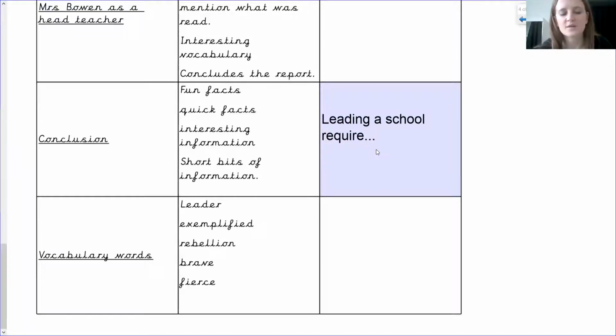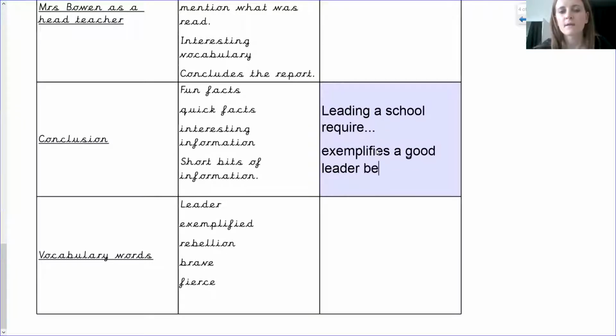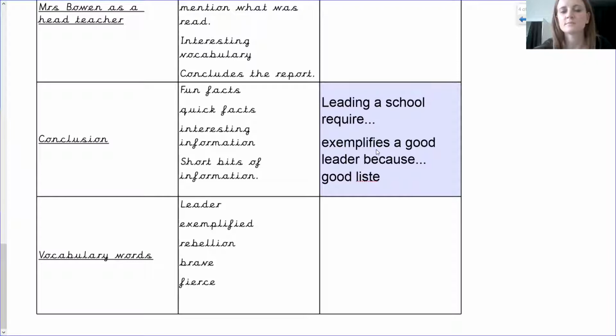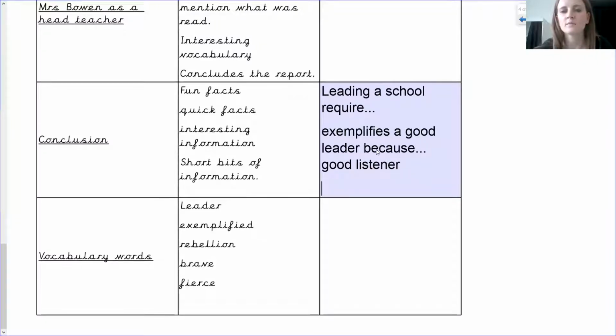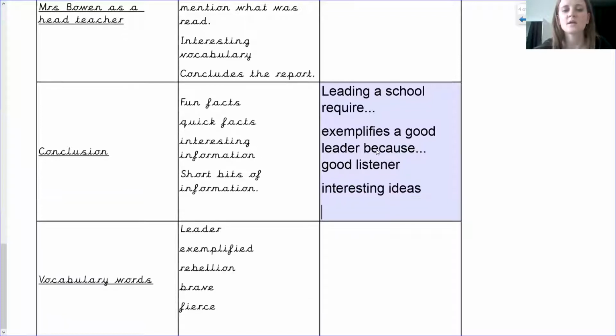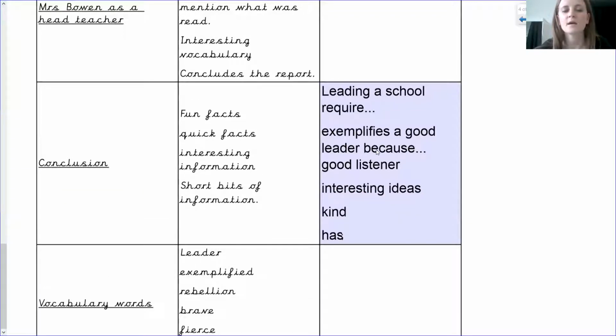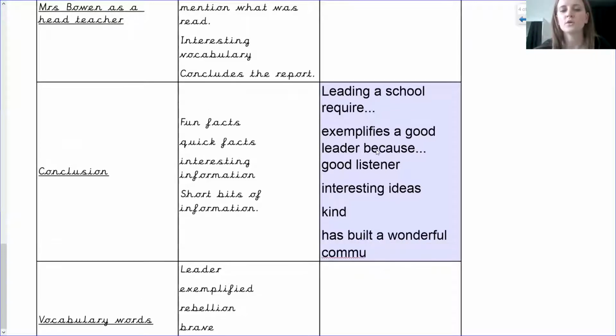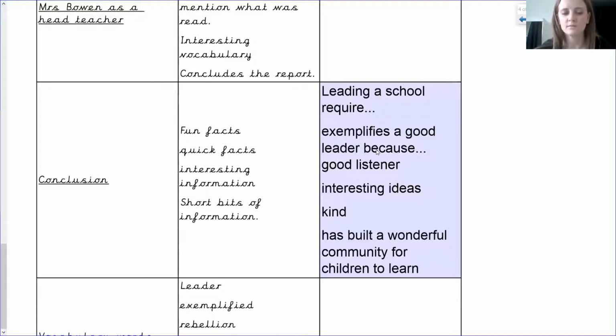So I'm going to write the word exemplifies. And that is my conjunction, because, and then I would say good listener, interesting ideas, kind, has built a wonderful community for children to learn in.